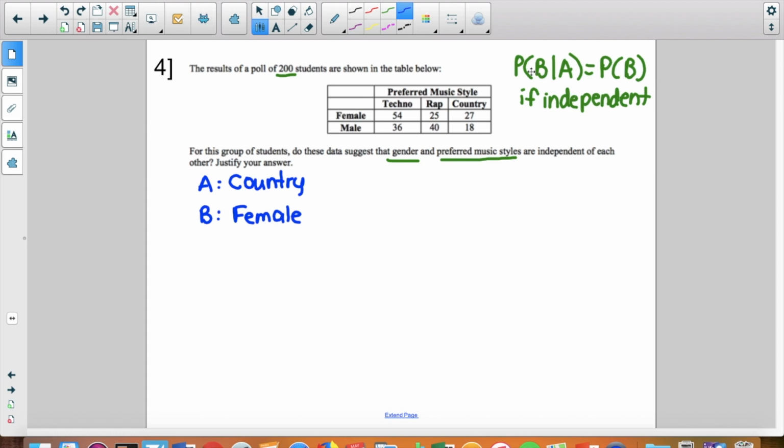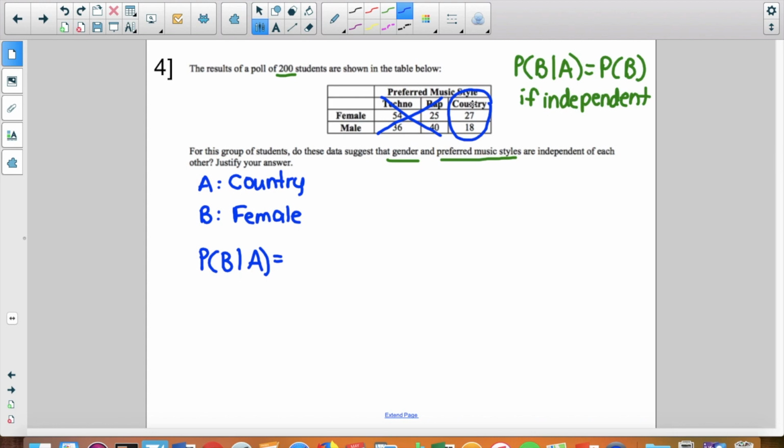So now, first thing we need to find is the probability of B given A. A is our given, that means country is our given, so I'm going to circle this. We don't care about rap or techno right now.